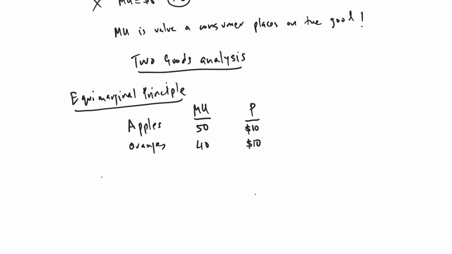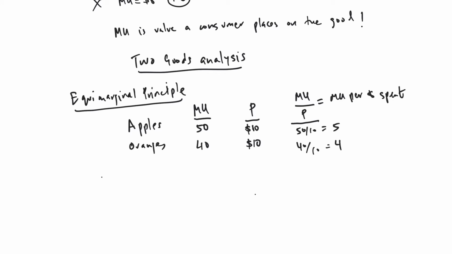In other words, what you need to find out is your marginal utility per dollar spent. This is what we call MU per dollar spent. In order to find out whether you should buy apples or oranges or both, you've got to look at MU per dollar spent. For apples it would be 50 over 10, which is equal to 5. But for oranges it is going to be 40 over 10, which is equal to 4. Right? Does that make sense?